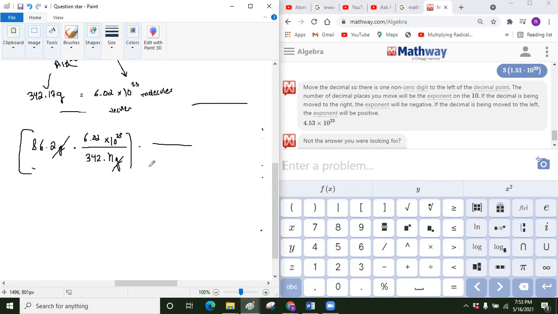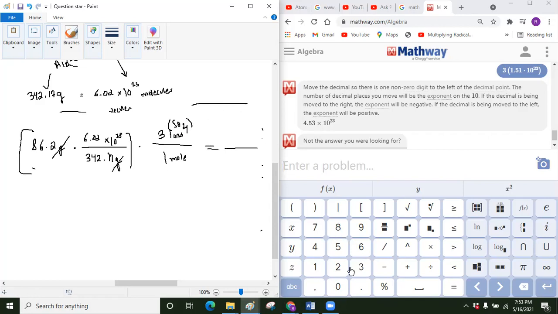The grams would cancel out, and you would be left with 3 SO4 ions for every 1 molecule. Your molecules would cancel out, and you'd just be left with the final answer of how many ions that would be.